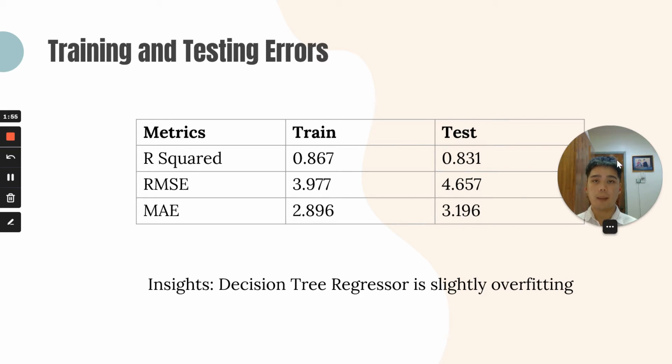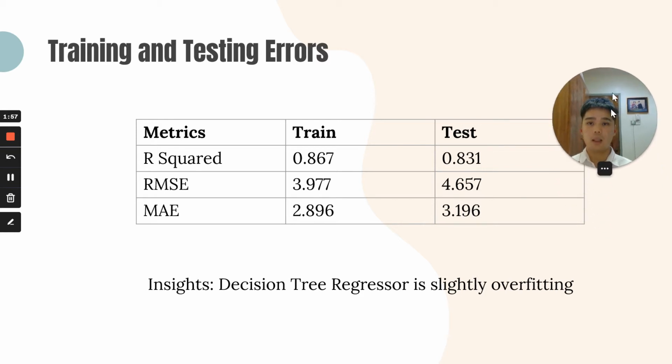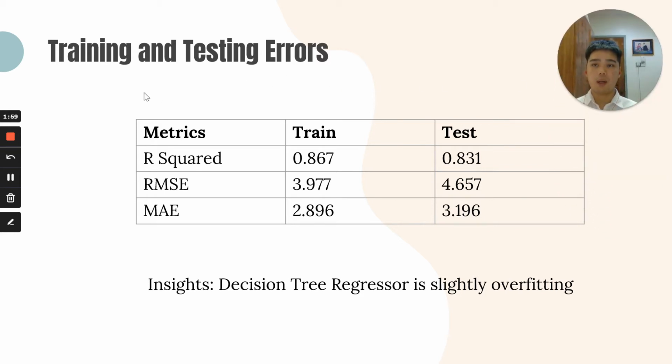Then we continue to apply our best hyperparameter to identify the training and testing errors. The R-square for the training set is 0.867 and the testing set R-square is 0.831. The testing set R-square is slightly lower than the training set, which indicates that the decision tree regressor is slightly overfitting.